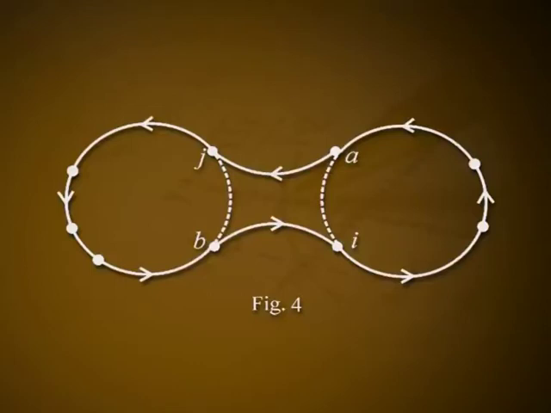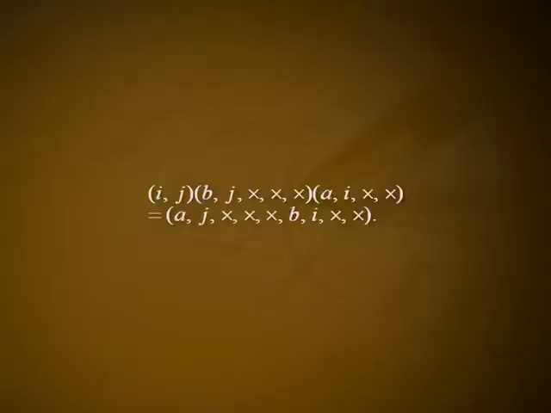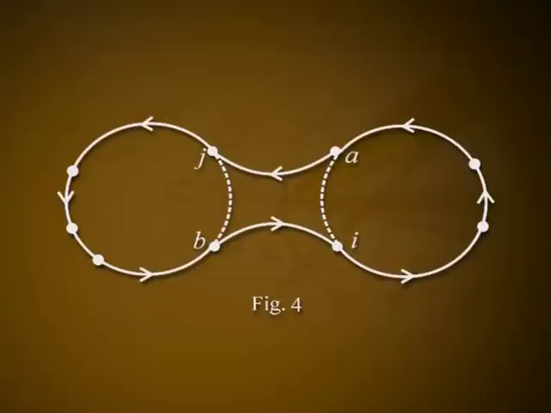We may write the product of these two cycles symbolically as cycle b j x x x into cycle a i x x, where the symbols x denote possible other elements in these orbits. Computing the product of the first three cycles in tau sigma equal to cycle ij sigma, we obtain as follows. The original two orbits have been joined to form just one, as symbolized in figure 4.